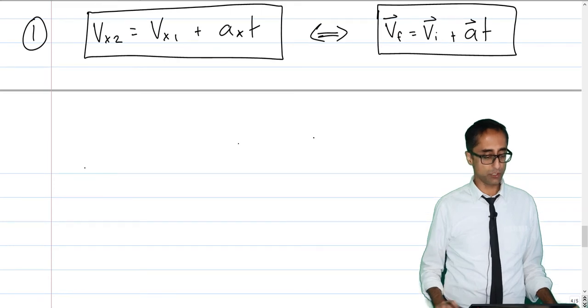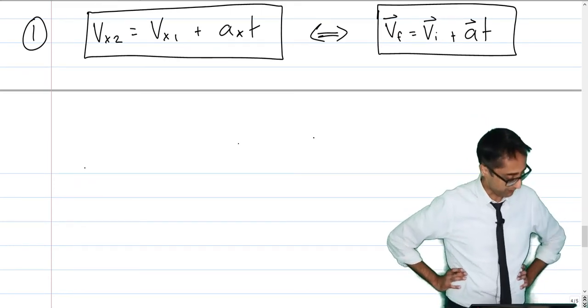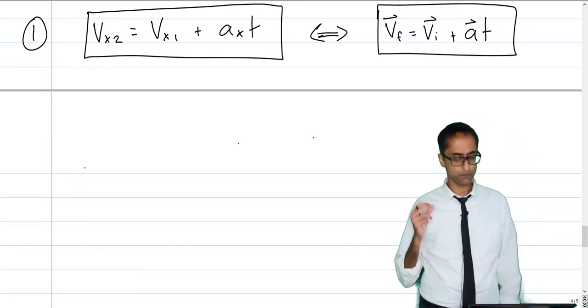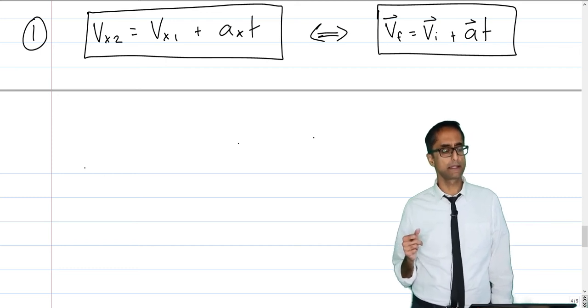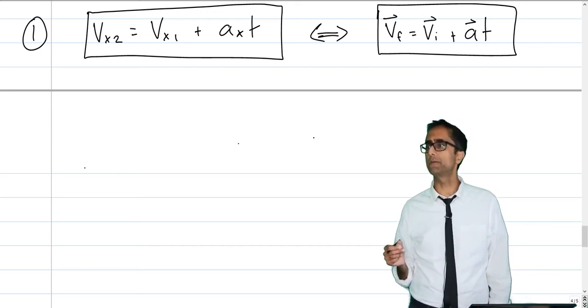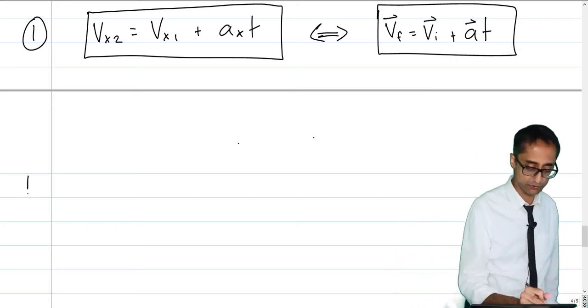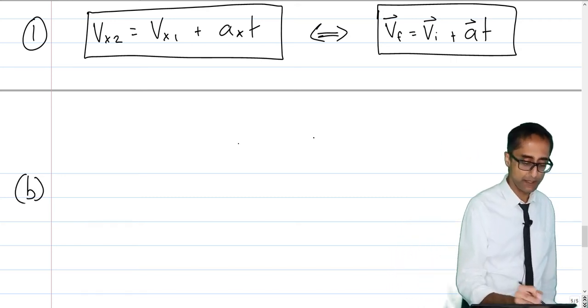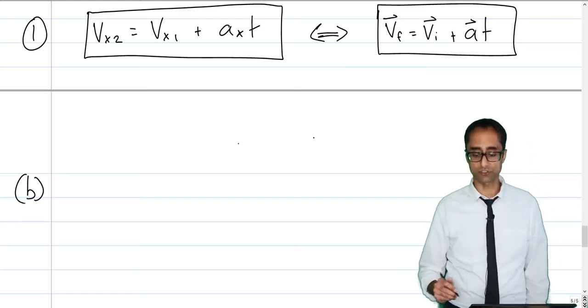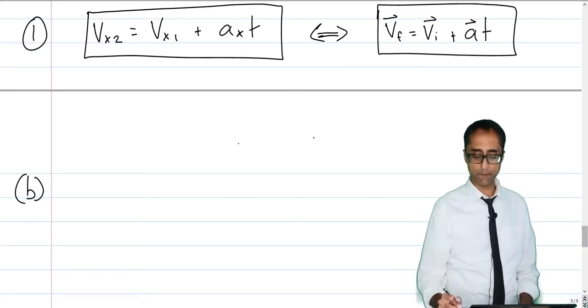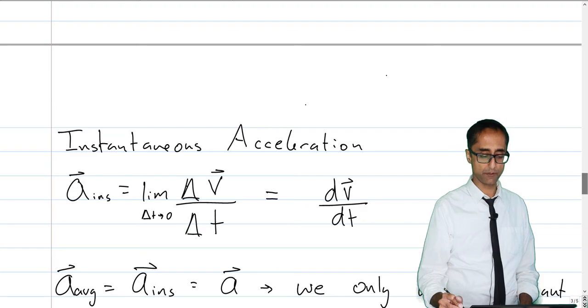What can we do to get ourselves some more equations? Well, let's take the equation for the average velocity that we had before. So instead of starting with acceleration this time, let's start with our average velocity equation. And you'll remember from previously we had derived it.